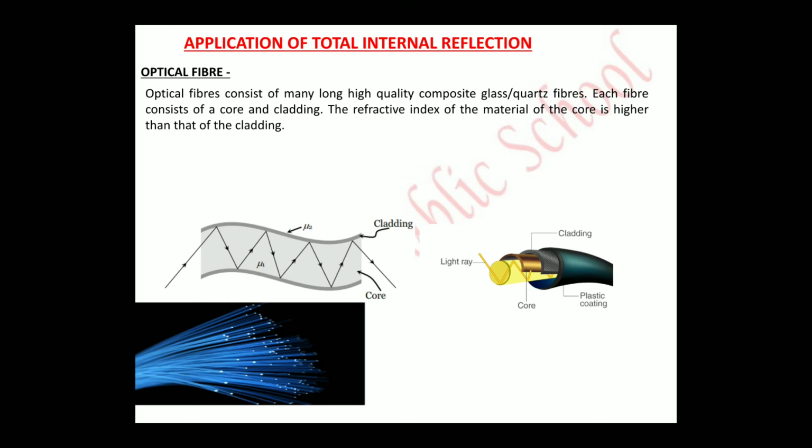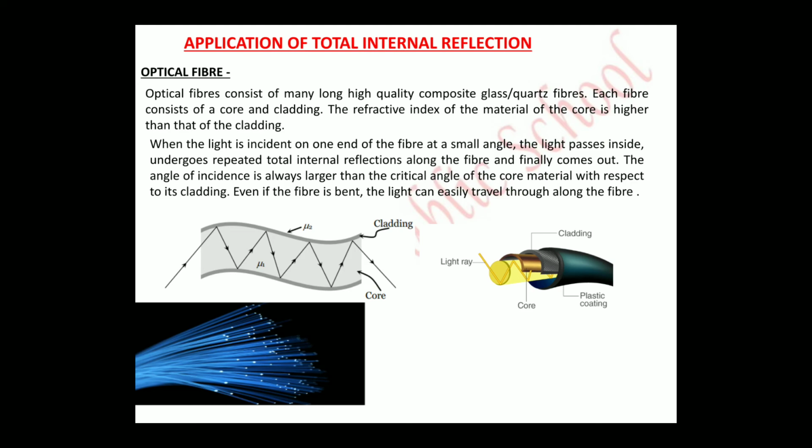For your notes, when the light is incident on one end of the fiber at a small angle, the light passes inside, undergoes repeated total internal reflection along the fiber and finally comes out. The angle of incidence is always larger than the critical angle of the core material with respect to its cladding.